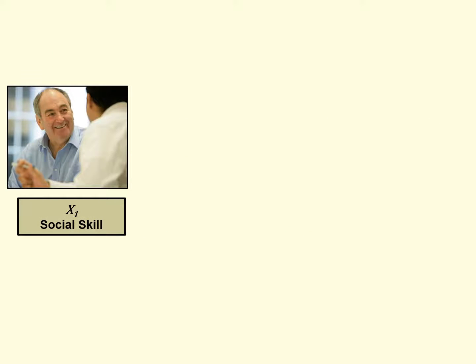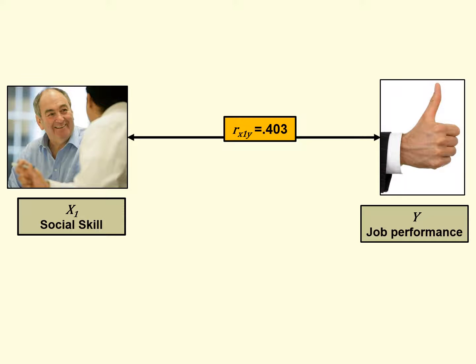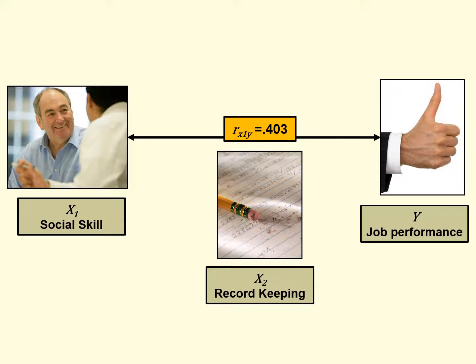So in the textbook, Cohen-West-Aiken give the example of working in an industrial organizational setting in which social skill is predictive of job performance. People who are more friendly and socially skillful tend to do better or get better ratings of their work. Let's imagine that that correlation is about 0.4. Record keeping, how diligent you are at filling out forms and checking off boxes, maybe that's also related to job performance.